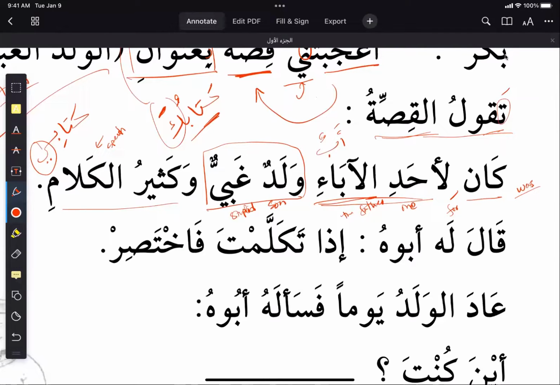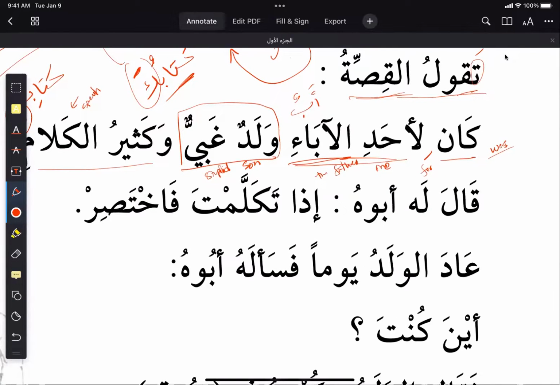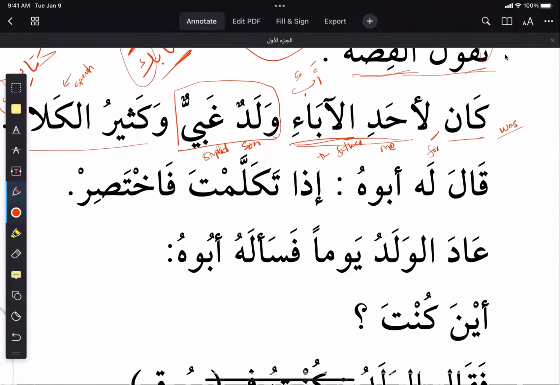We can say for one of the fathers, there was a stupid son and who talks a lot, you know, something like that. If anybody can have a better translation, please write it down. In the meantime, let me continue.